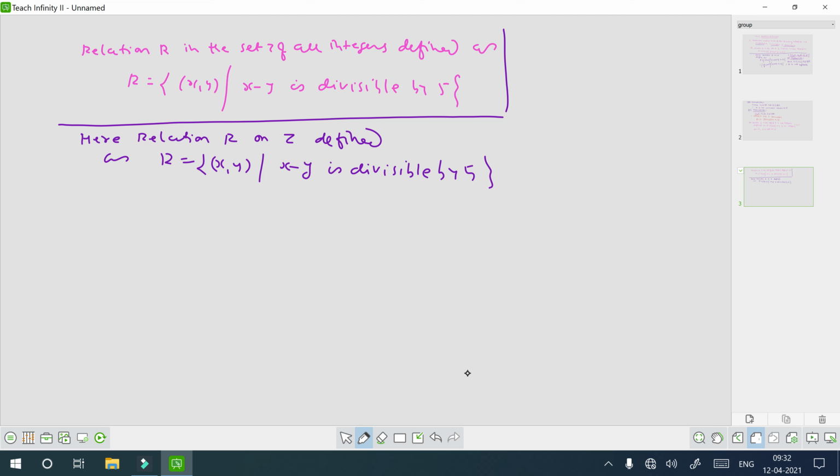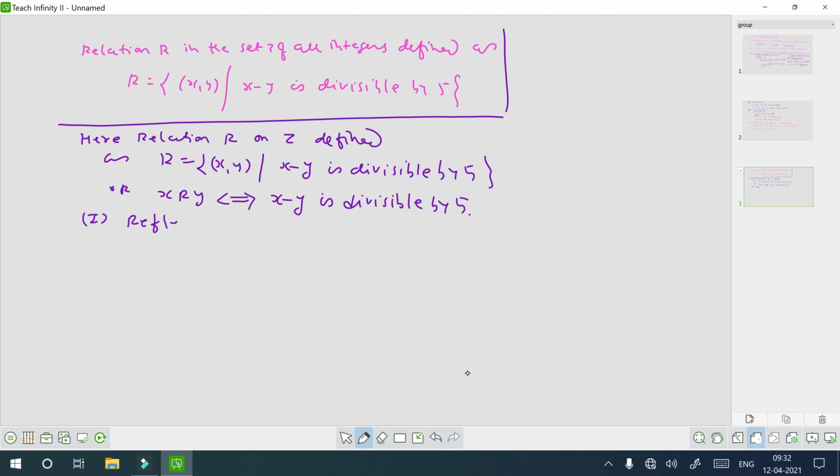Or in other words, we can write in this way also: x R y if and only if x minus y is divisible by 5. Clear? Yes. Now first part, what we have to check?